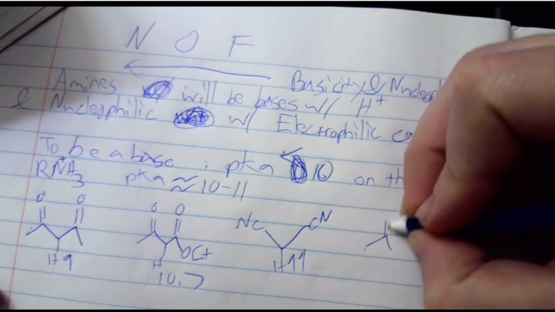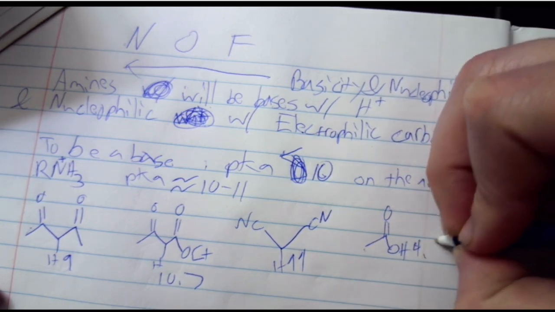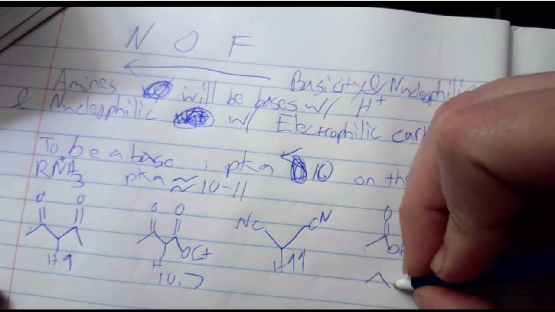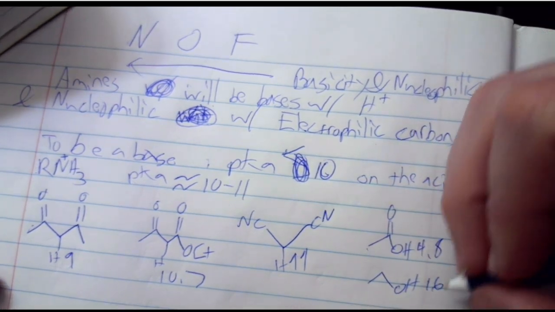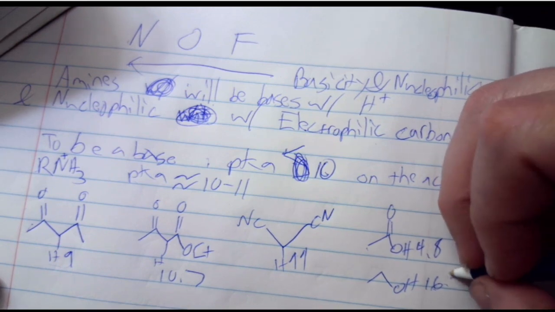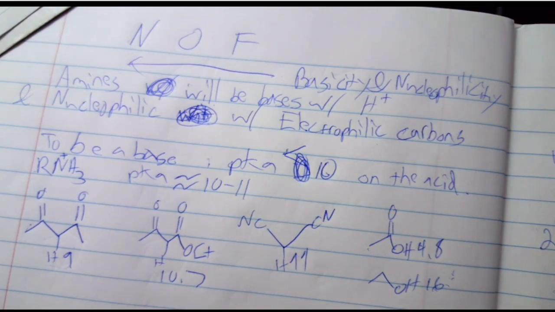Your carboxylic acids are closer to pKa 4.8. Your alcohols are closer to 16. So the likelihood of you deprotonating any of these guys, no, not very likely. But acidity and basicity can be used to change the polarity and water solubility for extraction.